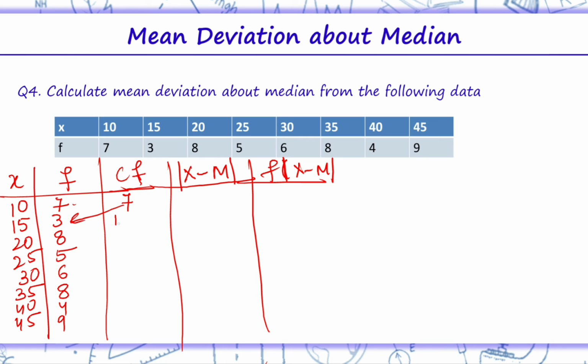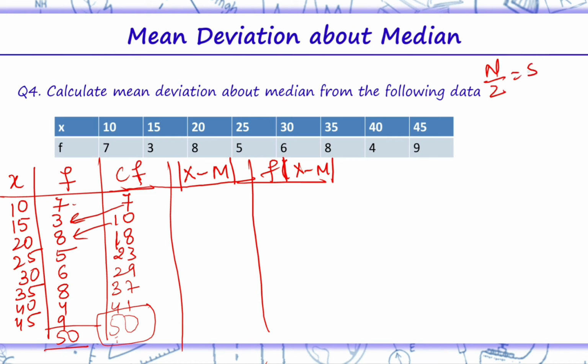Then 7 plus 3 is 10, 10 plus 8 is 18, 18 plus 5 is 23, 23 plus 6 is 29, 29 plus 8 is 37, 37 plus 4 is 41, and the last is 50. The last value is the summation of f. Then n by 2, that means 50 by 2, which is 25.